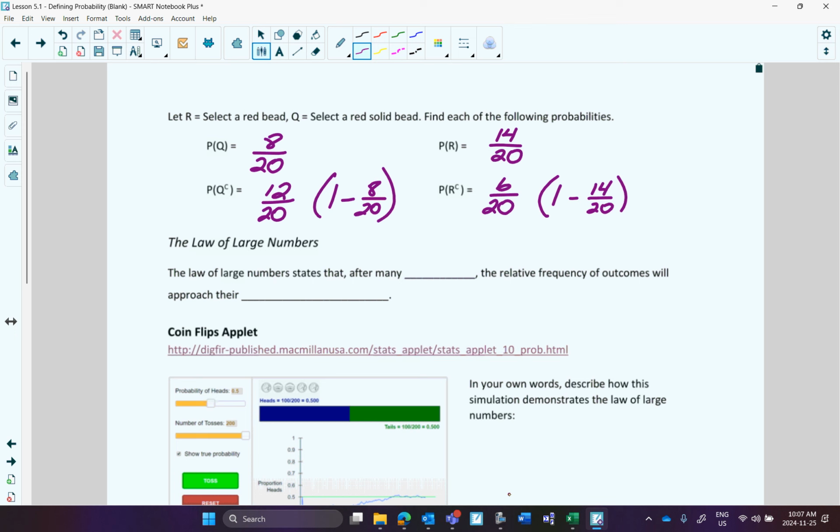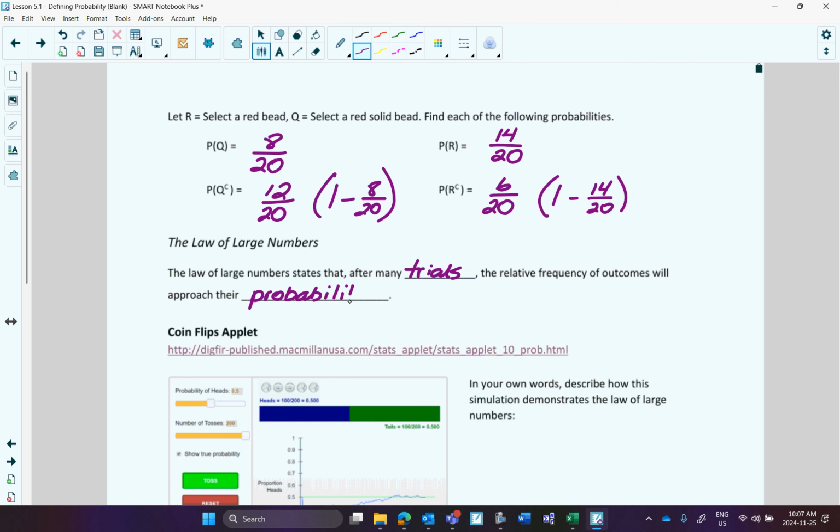So how does probability work? It's based on the law of large numbers. The law of large numbers states that after many trials, the relative frequency of outcomes, relative frequency just means percentage, will approach its probability.